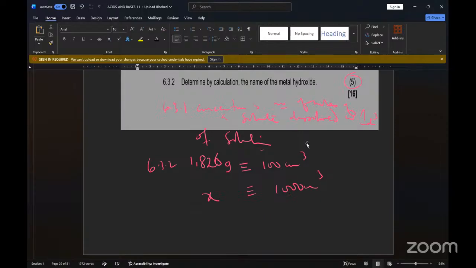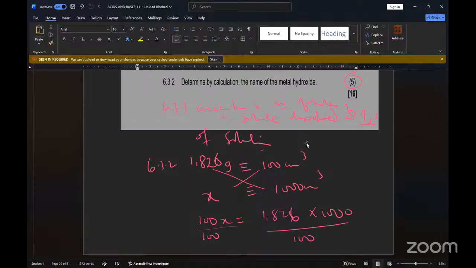So you cross multiply here. You're going to have 100X is equal to what? 1,826 times 1,000. If we want to find X, we say divided by 100 and divided by 100, okay?